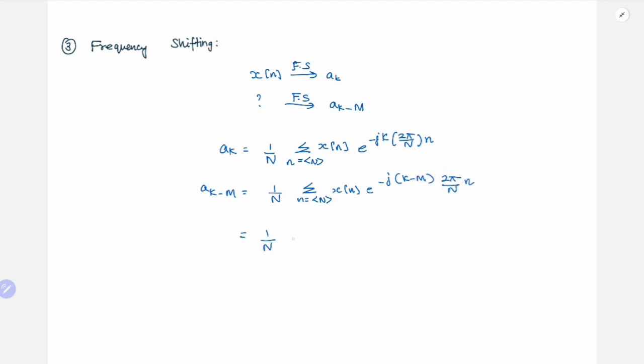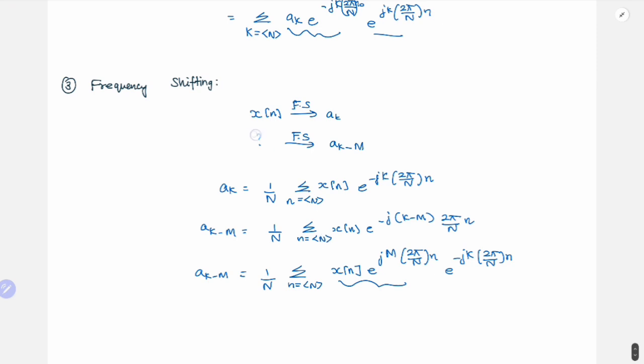So then this is nothing but 1 by N summation n over N of x[n] e^(jm(2π/N)n) and then you have the normal e^(minus jk(2π/N)n). So this is what is my desired thing. So if I have the signal x[n] e^(jm(2π/N)n), then I'll get my Fourier series coefficient as a_(k minus m). I'll get something like a frequency shift.